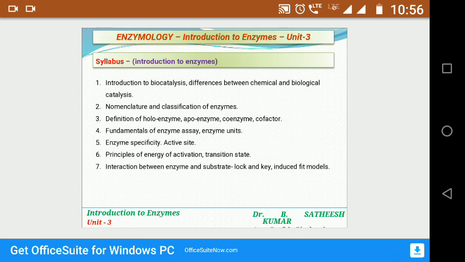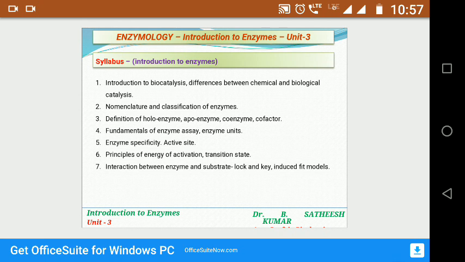The second topic is nomenclature and classification of enzymes. In organic chemistry we have IUPAC nomenclature. Why are we using IUPAC nomenclature? Because we have millions of different organic molecules, so we should use one particular set of rules to name them, so that we can easily remember and identify, and differentiate one organic molecule from another.